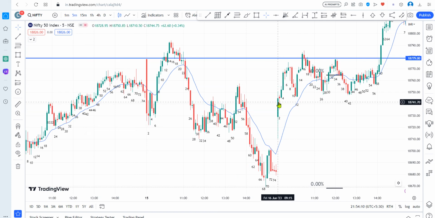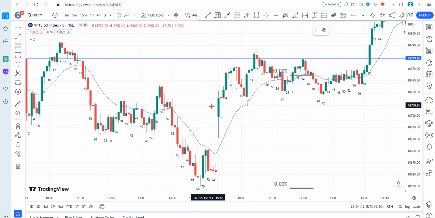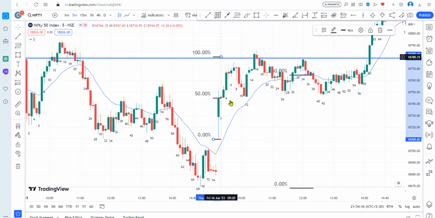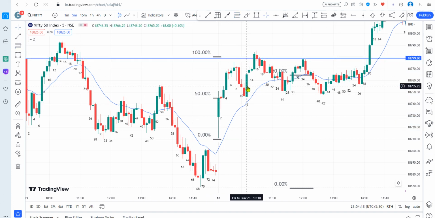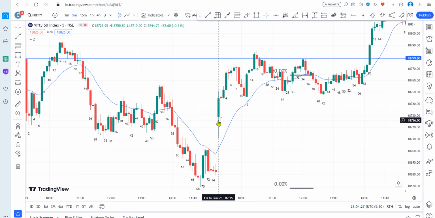If we bought here on the close of the first bar, this is the measured move to make profit. Or what we can do in this type of day structure is just move your SL with the moving average. This is a good trade in the first hour, in the first 5 minute candle, to buy on close.